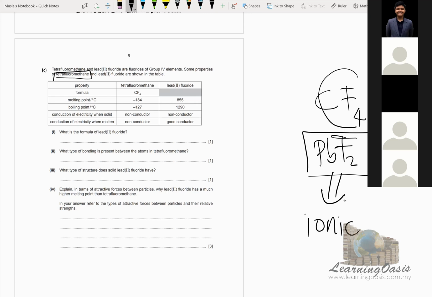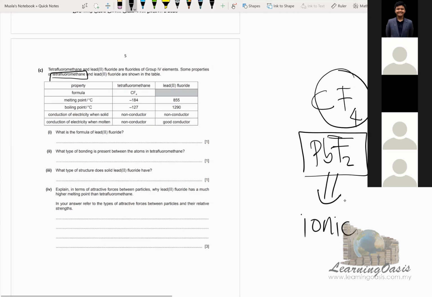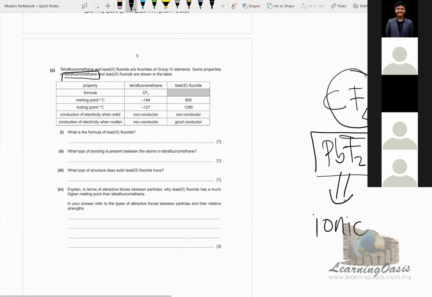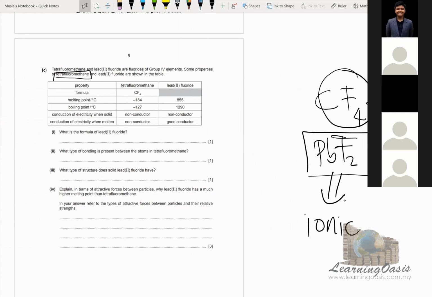But tetrafluoro is covalent because it's made up of non-metals, carbon and fluorine, right? Non-metal. So now melting point, boiling point, conduction: non-conductor but good conductor.